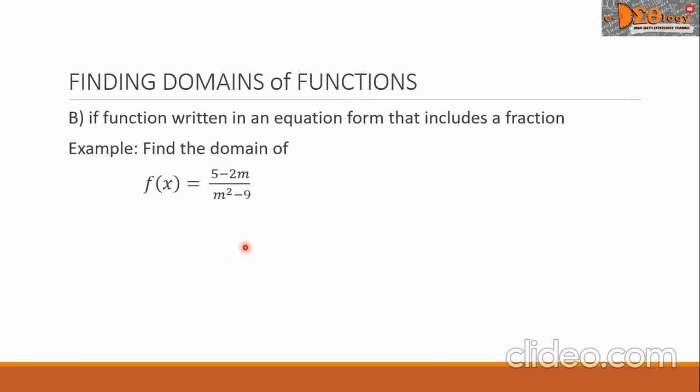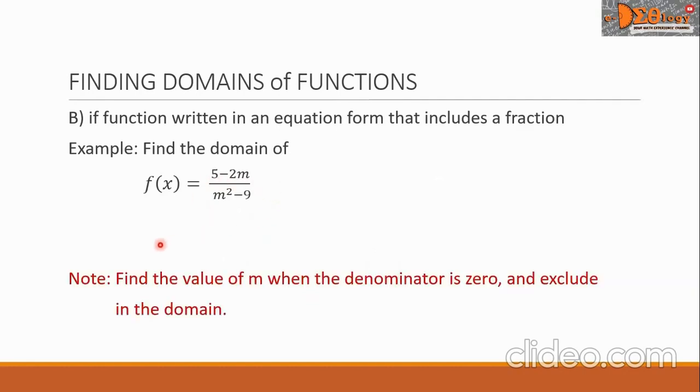Actually, we can think of all real numbers as the domain of this function. However, since we know that the denominator should not be equal to 0, our goal now is to find the value of m when the denominator is 0, then exclude it from the domain.